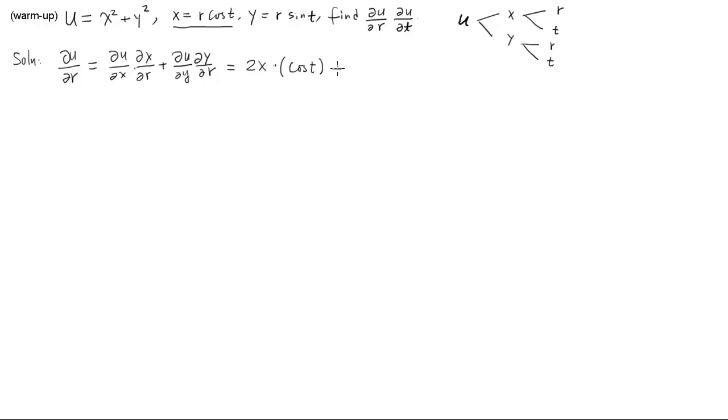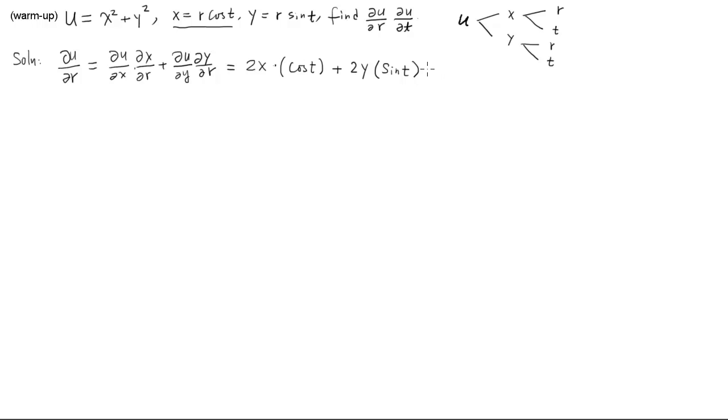Then the second part, we have 2y, and then the derivative of y with respect to r, we have sine t, because t is considered a constant when we are taking the partial derivative with respect to r, and of course sine t is a constant, so it's like a constant multiplied by r, and that's what we have.